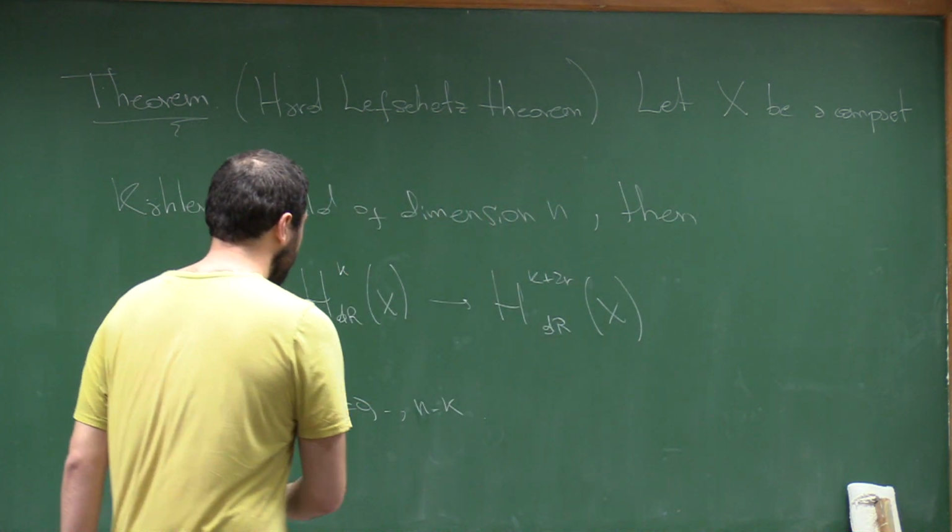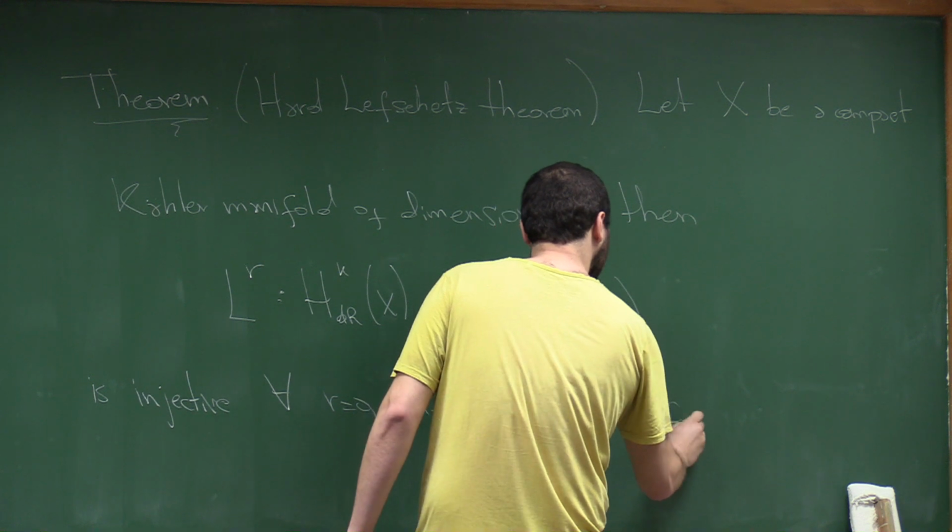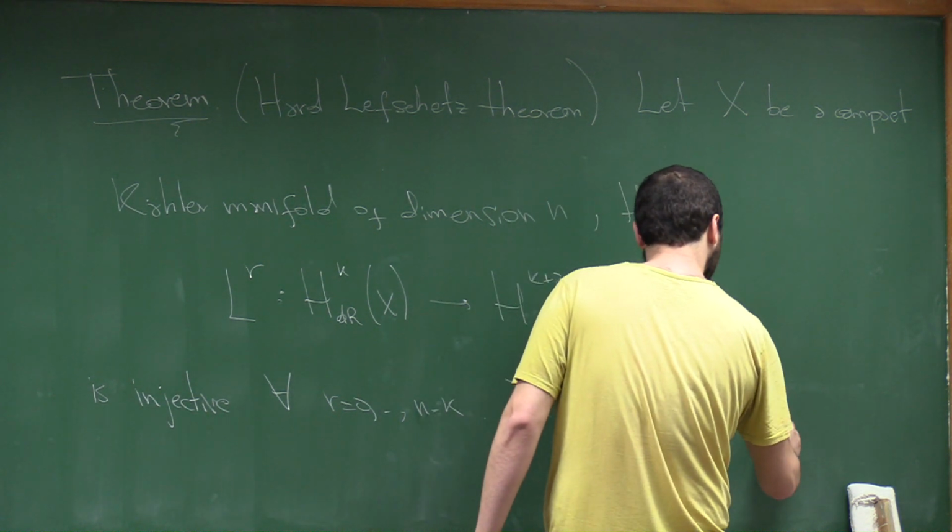Right, so in particular for r equal to n minus k, we have an isomorphism.